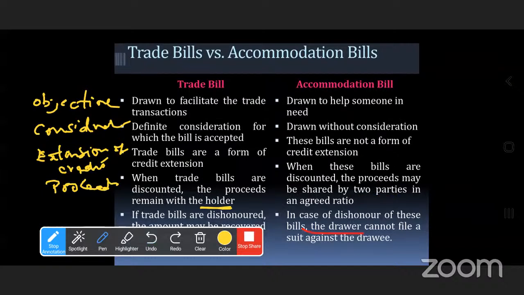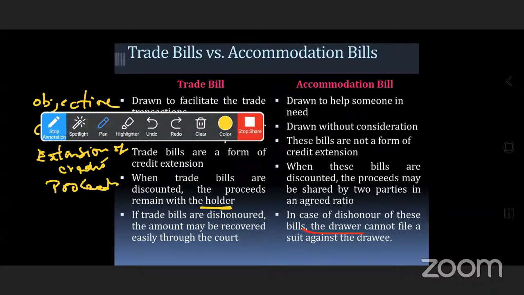And the other parameter is recovery. If the trade bills are dishonored, the amount may be recovered easily through the court, because it is a legal document.